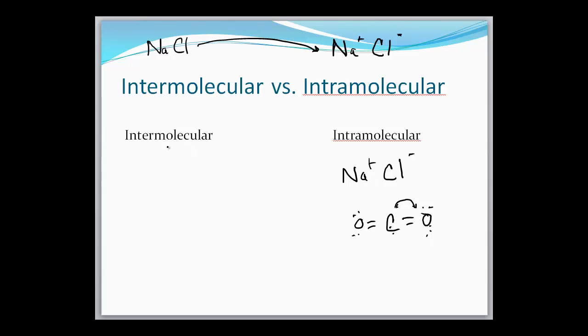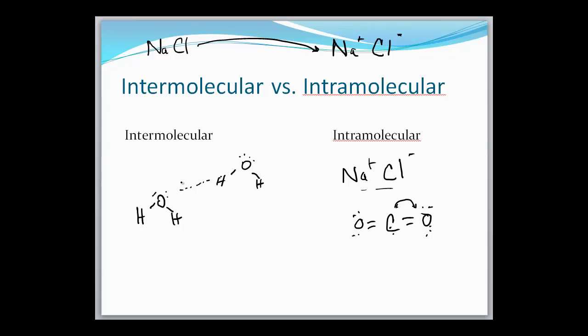When we talk about intermolecular forces, what that means is, let's say you have a water molecule and you have another water molecule next to it. It's the interaction between this molecule and that molecule. So intermolecular forces are between adjoining separate molecules. Intramolecular is the bond within the molecule or compound itself.